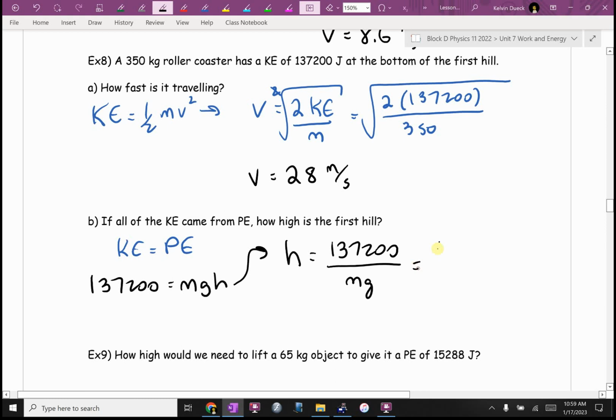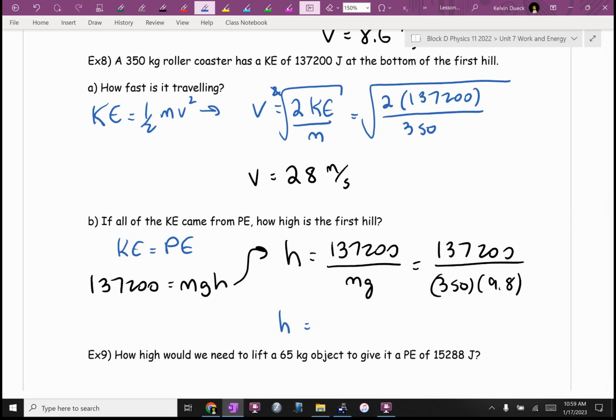It's going to be 137,200 divided by 350 times 9.8. All of you should try crunching that on your calculator. Every one of you. I think you'll have to put the bottom in brackets because I think there's more than one thing in the bottom. Gibson, let me know what you get when you're done.